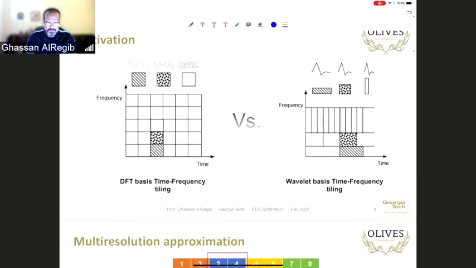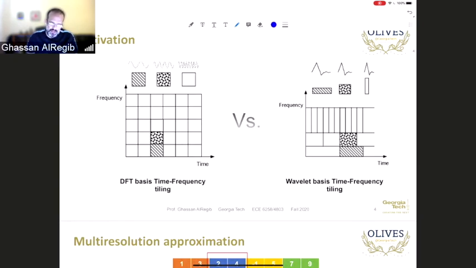There are tons of different ways to tile your frequency plane. The one on the left here is just a uniform tiling in the time frequency space. The one on the right-hand side is wavelet based, which is non-uniform.